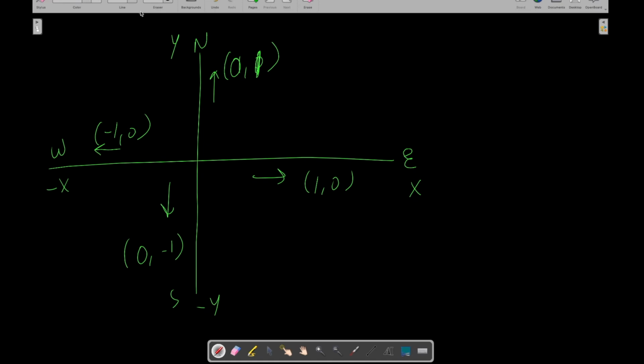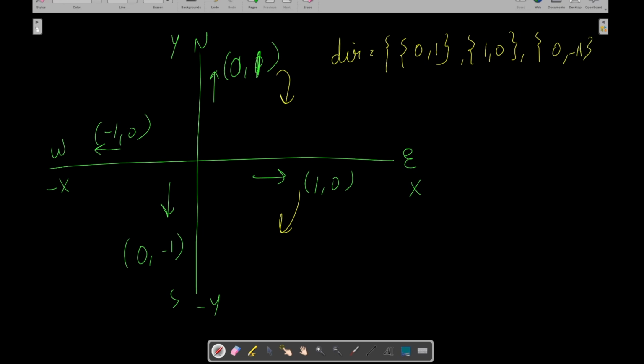So we can create a direction vector in which initially the robot is pointing to the north direction. So we can start with north, and then in the right direction, which is east, 1 comma 0, and then in its right direction, which is south, 0 comma minus 1, and then in the right direction of south, which is west, minus 1 comma 0.